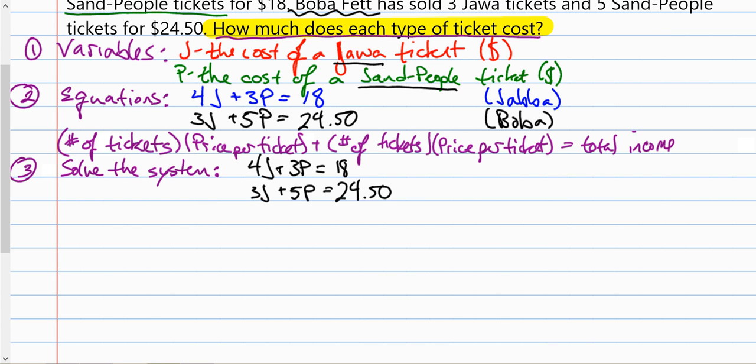Now you might recall that we have 2 ways of solving a system of equations. We could either use substitution or elimination. When I look at these equations, neither variable is easy to isolate. Neither variable has a coefficient of 1 or -1 anywhere in my system. So I am probably going to default to elimination.